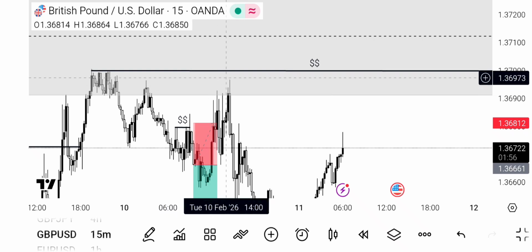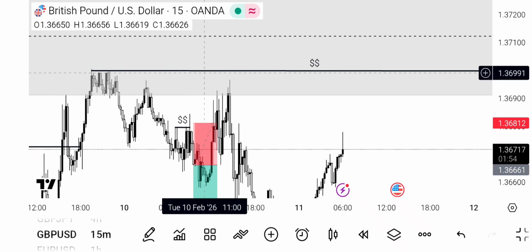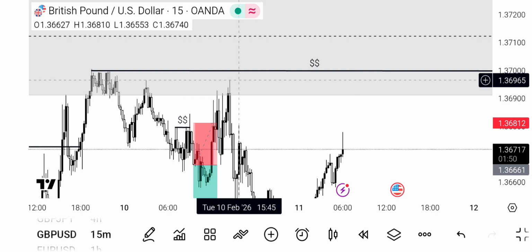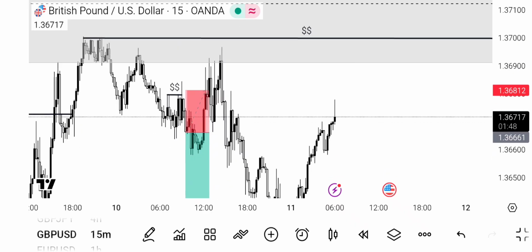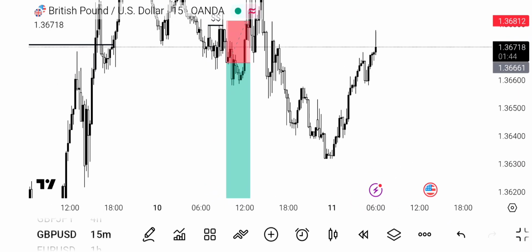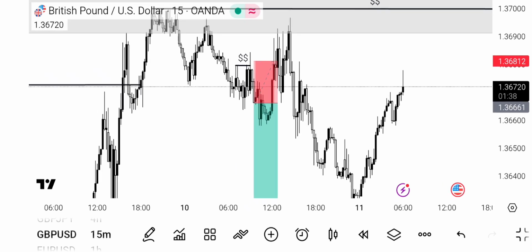The New York open yesterday, the New York eye. I wanted price to take out the New York eye again, then look at my selling position again. But I lost this trade around almost the overlap session, during the last session.